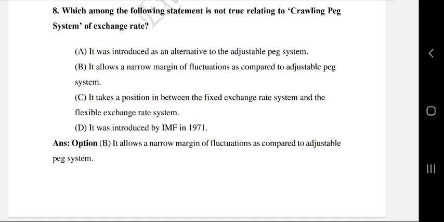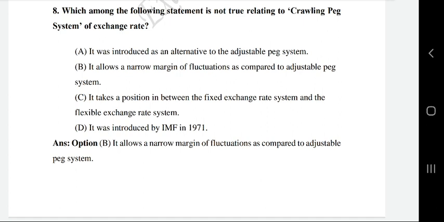Options: it was introduced as an alternative to the adjustable peg system and it allows a narrow margin of fluctuations as compared to the adjustable peg system; and option C, it takes a position in between the fixed exchange rate system and the flexible exchange rate system, and it was introduced by IMF in 1971. Option B is the answer. It allows a narrow margin of fluctuations as compared to the adjustable peg system.